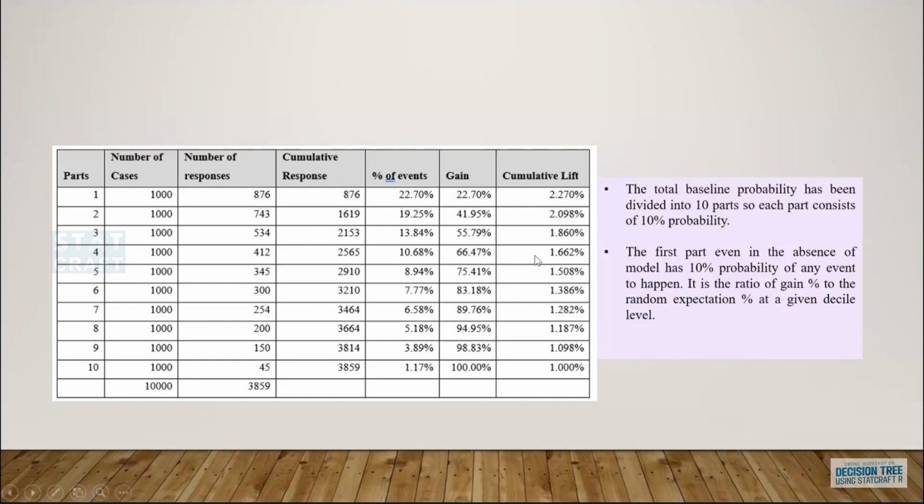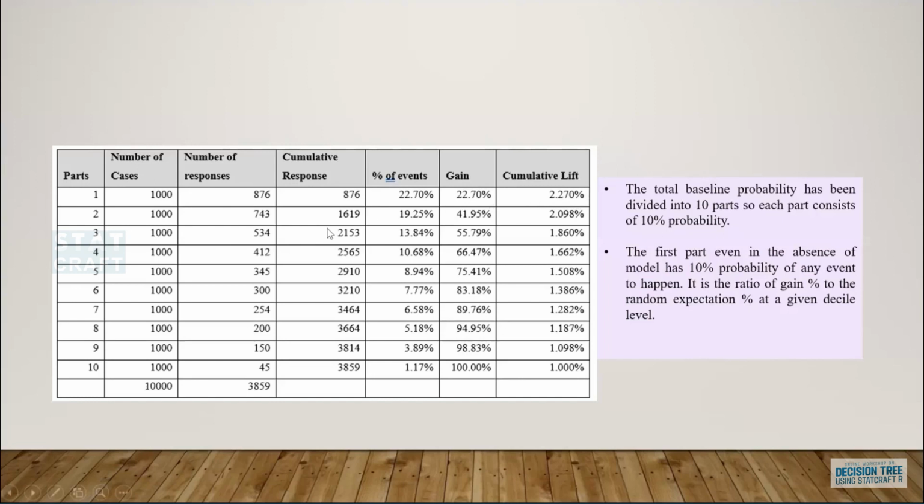But when I run the algorithm, I find the number of responses predicted: 876 divided by 3859, 22.70% of events, divided by 10%. Without a model it is just 10%, but our model is able to predict 22.70%. So the gain is 2.27. The lift is more than 1, which is quite good. Our model is working successfully.